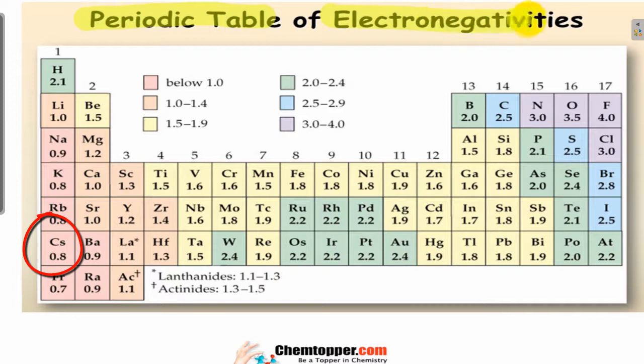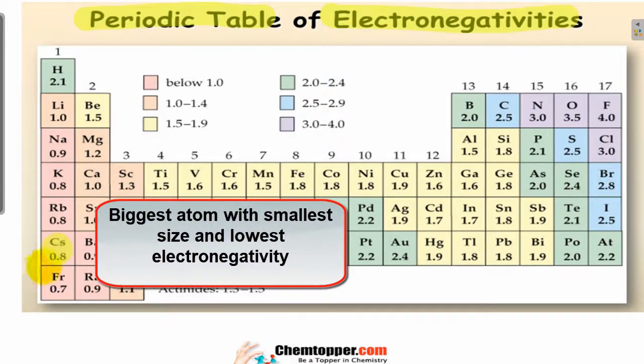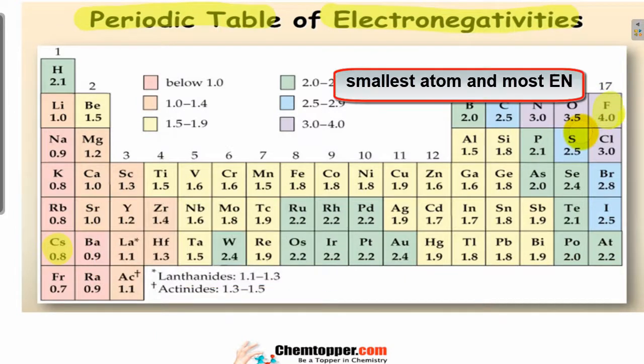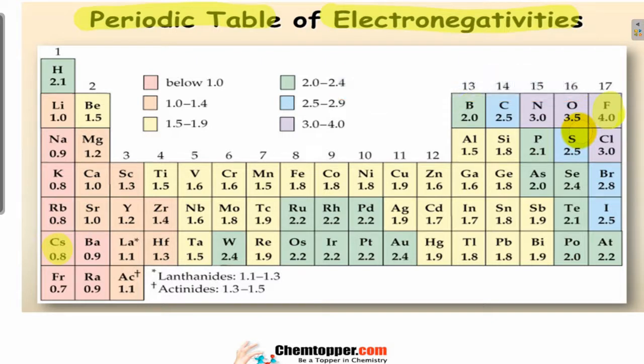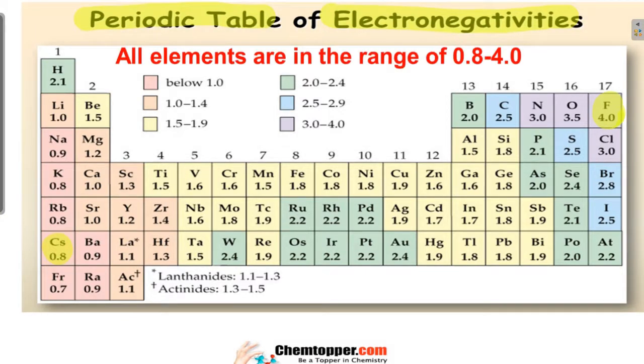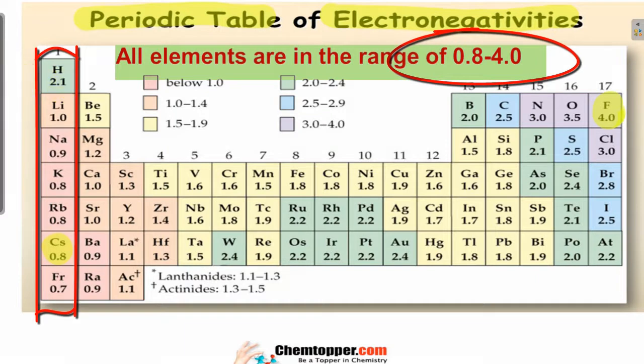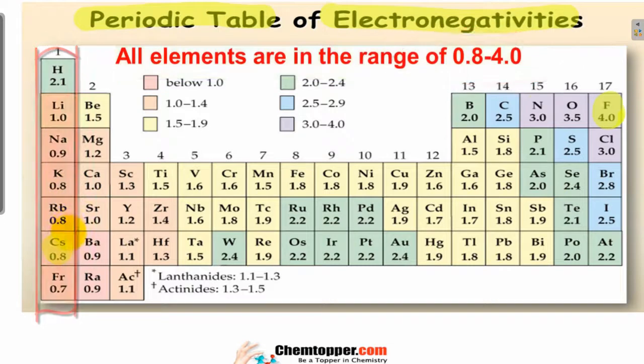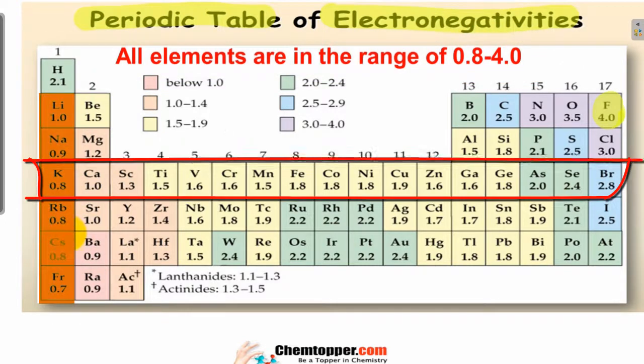Cesium has the lowest electronegativity of 0.8 because it is biggest in size. Fluorine has the highest electronegativity of 4.0 because it is smallest in size. All important elements of the periodic table are in the range from the lowest value, 0.8, to the highest value, 4.0. Down the group atomic size increases, so electronegativity decreases.